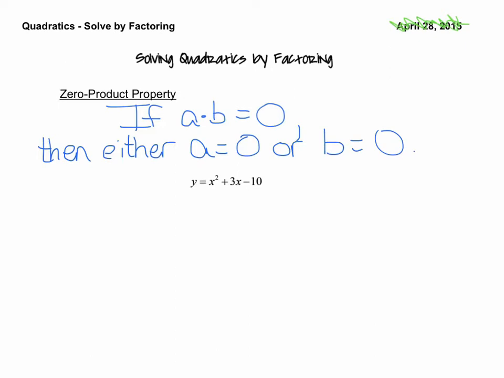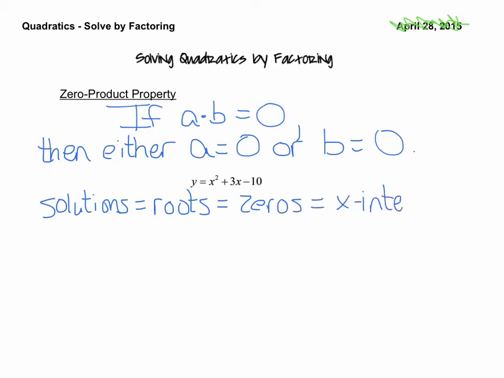So recall, what did we say were some other words for the solutions? The solutions of a quadratic are the roots. They are the zeros. What else? There's one more word. They are the x-intercepts, right?